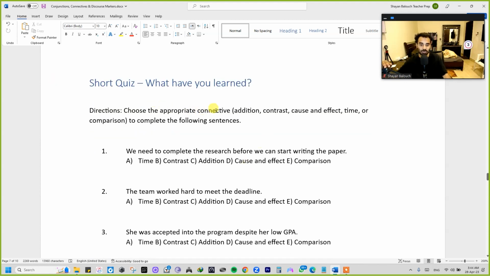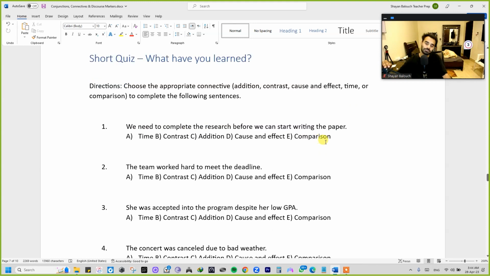Now choose the appropriate connective, addition, from contrast, cause and effect, time, or comparison to complete the following sentences. Number 1, we need to complete the research before we can start writing paper.